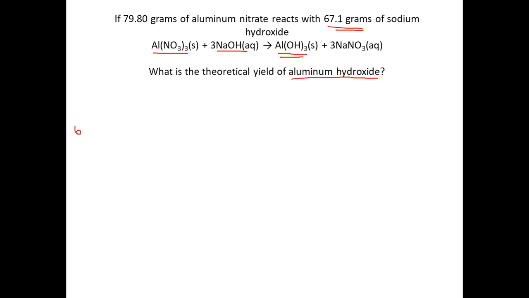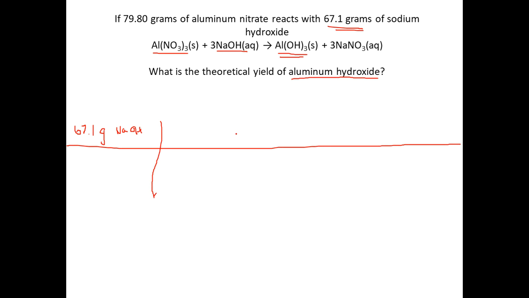So always start off with what you're given, which is 67.1 grams of NaOH, and we're going to draw out my dimensional analysis 2 and 3. So this is the most that we're going to ever have to do for a stoichiometry problem. We'll need to be able to go all the way from grams of A to grams of B, and what we want to end up with is grams of AlOH3.